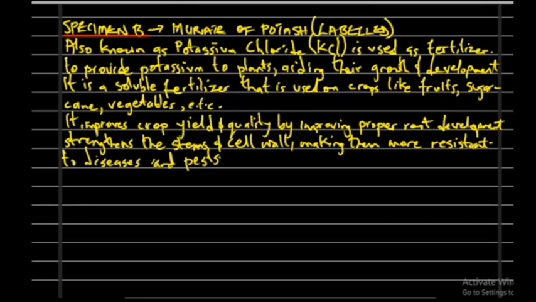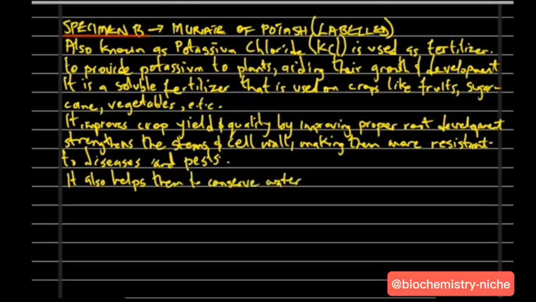It should also be noted that it helps plants to conserve water, making them more resistant to drought as well. That is another function of this particular specimen, which is the muriate of potash.